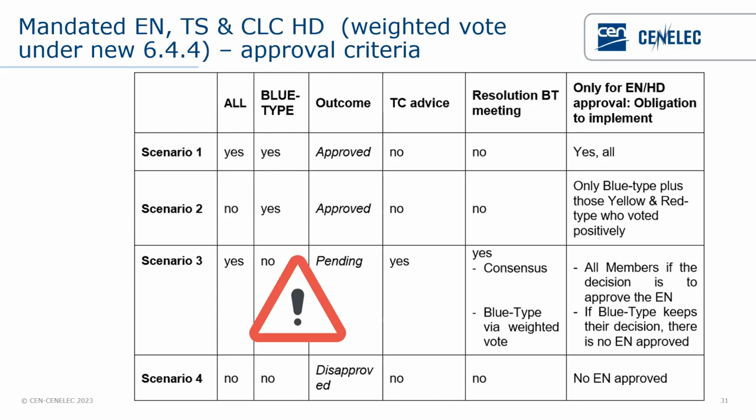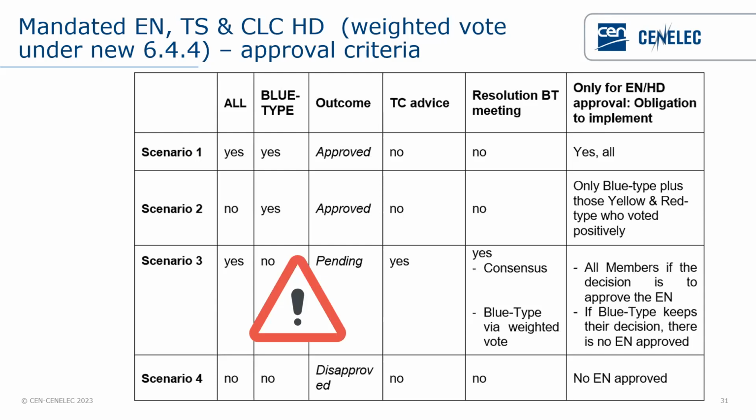And then there is scenario 3, which is the novelty in these approval criteria when using weighted vote. So scenario 3, when the counting with all members would approve the EN, TS, or HD, while the counting with the blue tie members wouldn't, then in this case the outcome is pending.